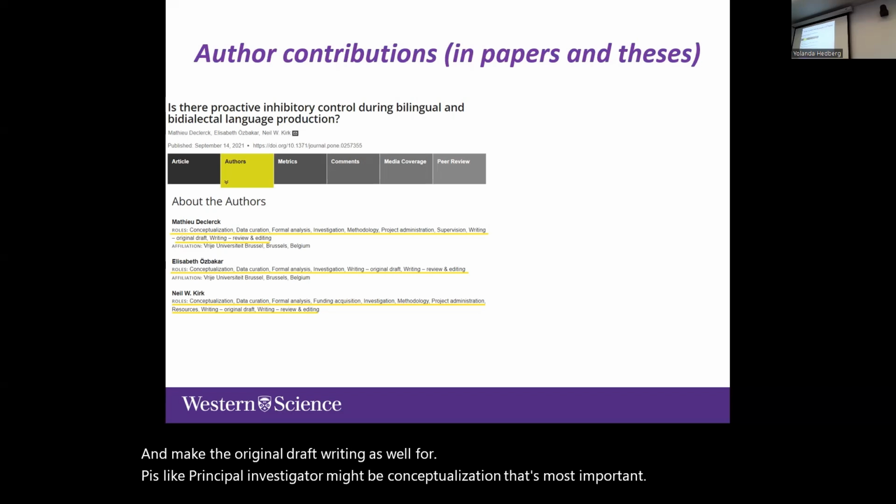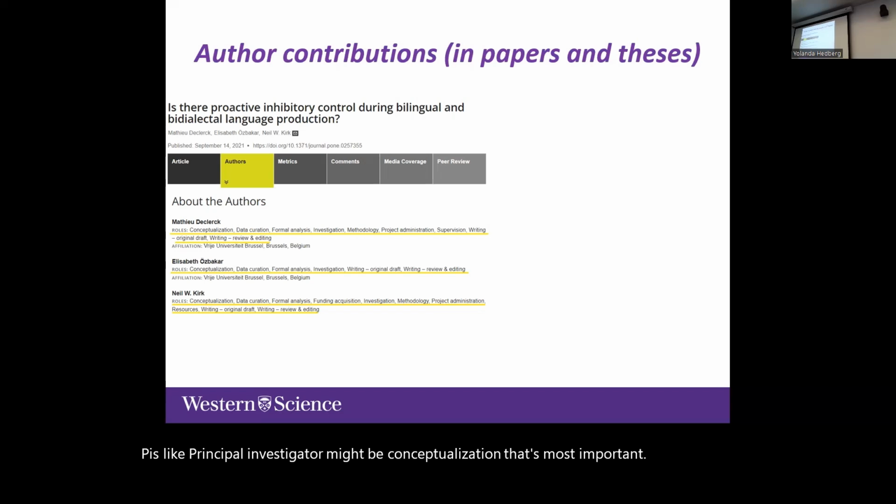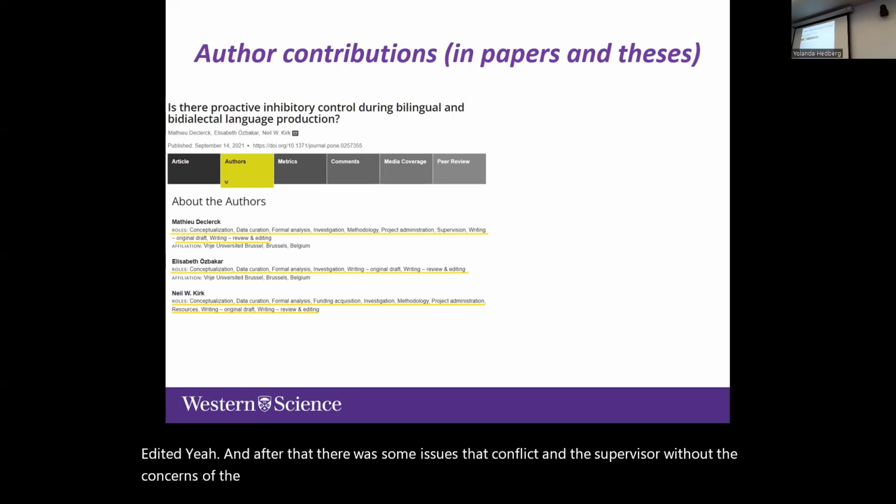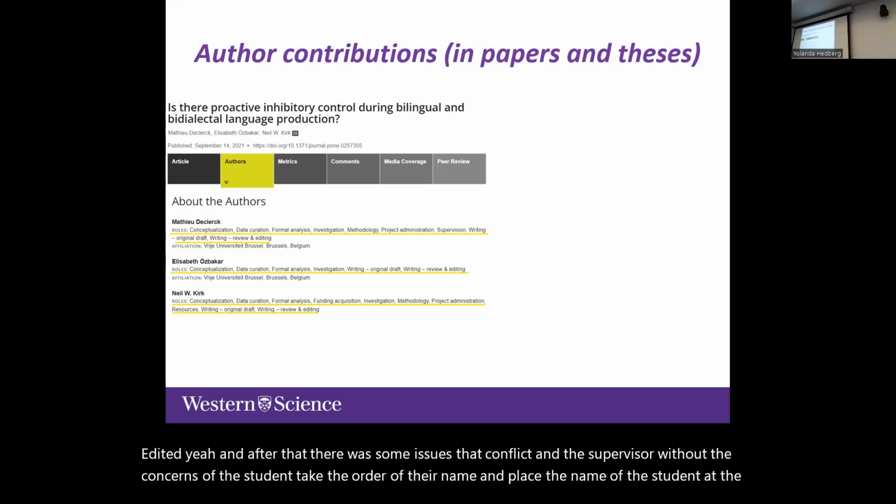Has a case happened to you that involved the supervisor? The student was the first draft writer, and then the supervisor just corrected and edited. After that, there were some conflicts, and the supervisor, without the consent of the student, changed the order of the names, placed the student's name at the end, and submitted the article.